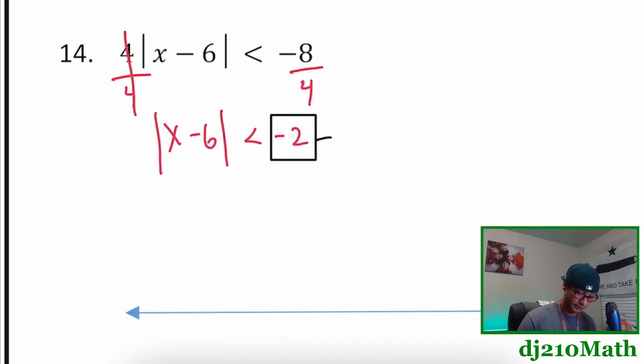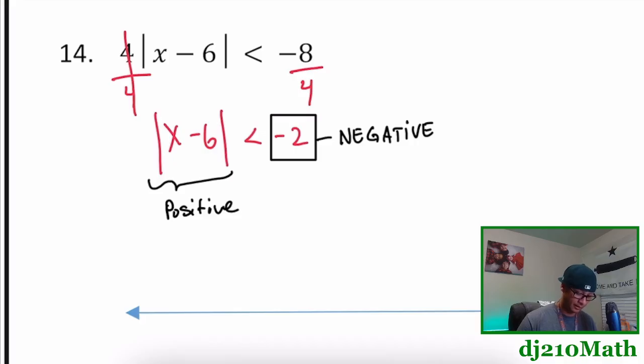Right, this is negative. So here, you got to think, okay, this is positive. And what positive number is less than a negative number? None. So this is a no solution scenario. Right, because there is no positive number that's less than a negative number. None, not one. So no solution.